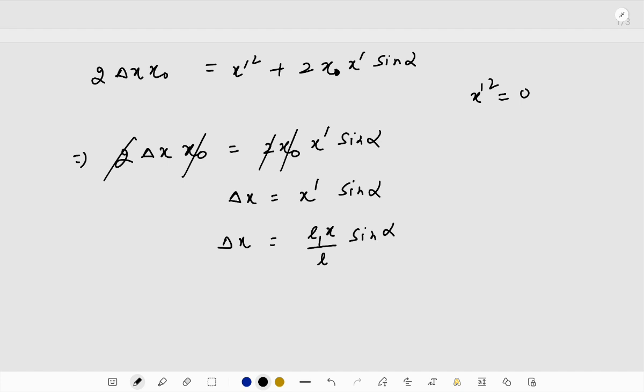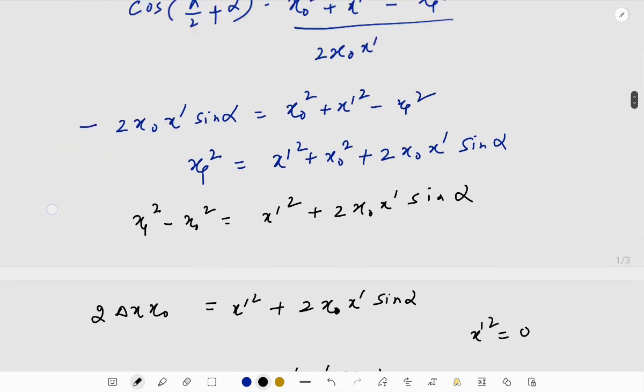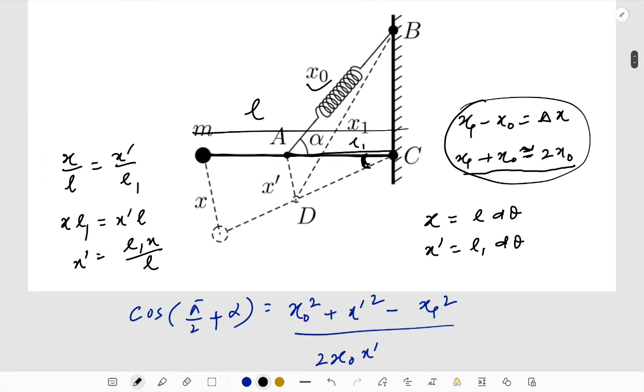And I'm going to write down the mechanical energy conservation, which is the key to solving this kind of problem. After getting displaced, when the spring was stretched by this length delta x, the load got a velocity v at that moment, and the mass of the load is given.